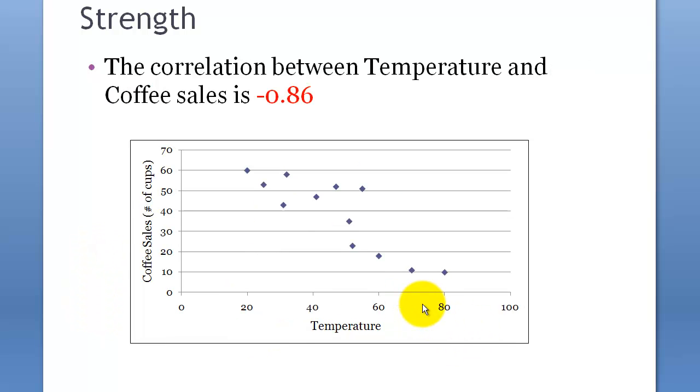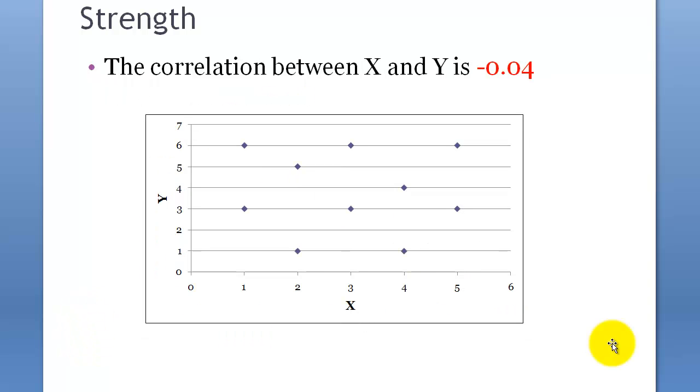And a correlation of -0.86 is definitely stronger than the other one I just saw, -0.04. That was a -0.04 kind of figure, because you can't really see patterns here.